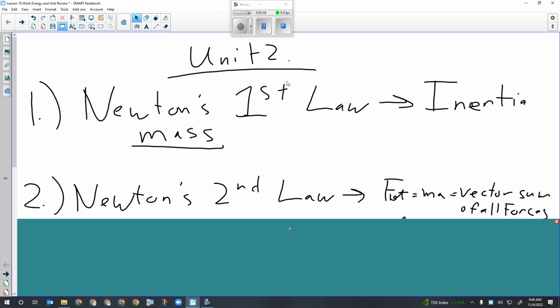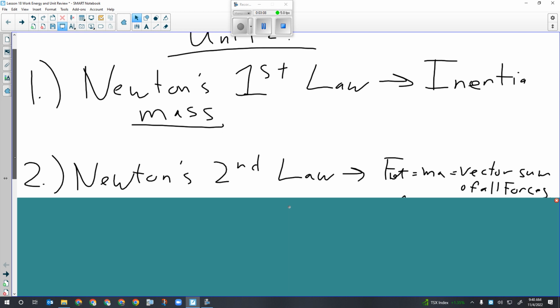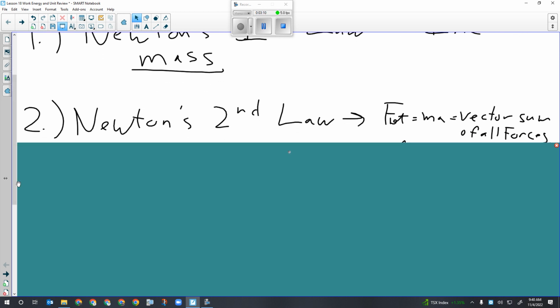Every question to do with Newton's second law on your unit exam is something we have done at least once, but probably more like 3 times in class. So just be aware of that. Looking over the questions we've done in class, your Newton assignment, things like that, would be good because that's exactly the same kind of stuff that's going to be on your unit exam to do with Newton's second law.